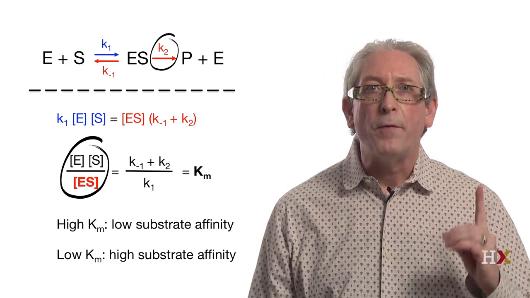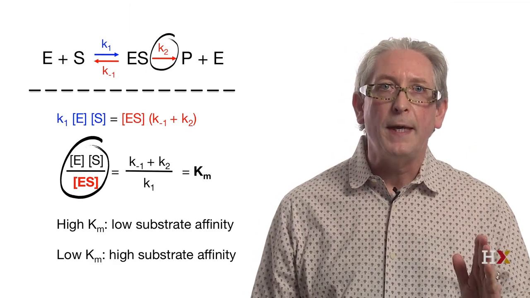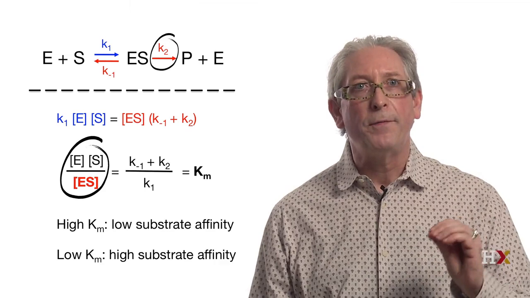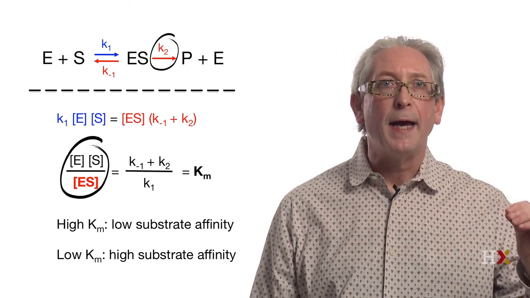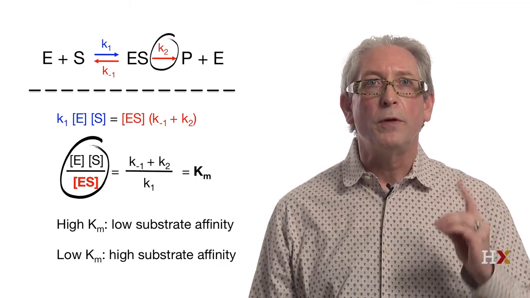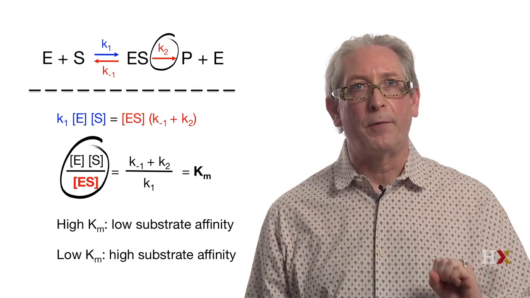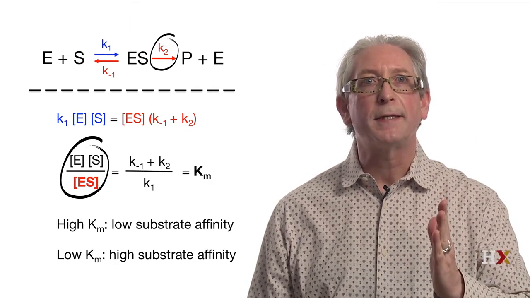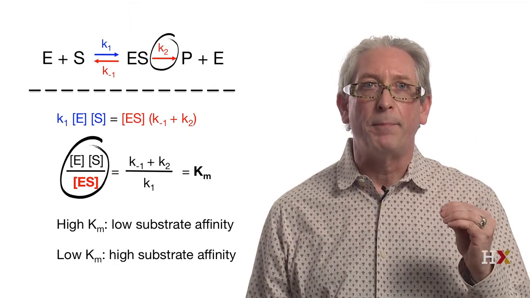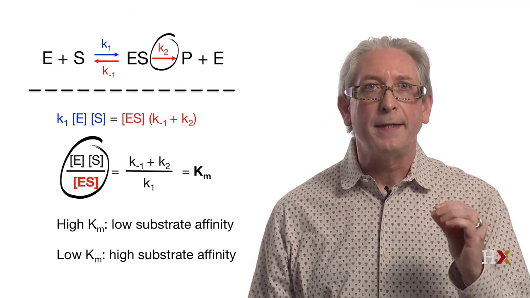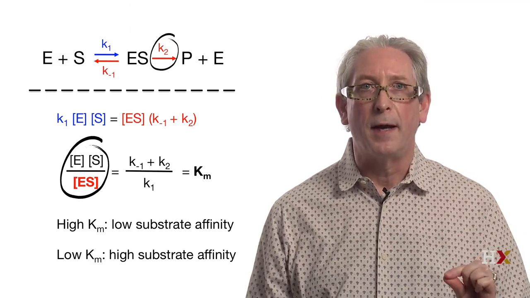However, it's very important to note that this correlation between high and low affinity of the enzyme for its substrate and high and low Km is true in only one condition. If the second step of our reaction, the conversion of ES into P plus E, is the rate limiting step of the reaction, that is, K2 is very small compared to the other rate constants.